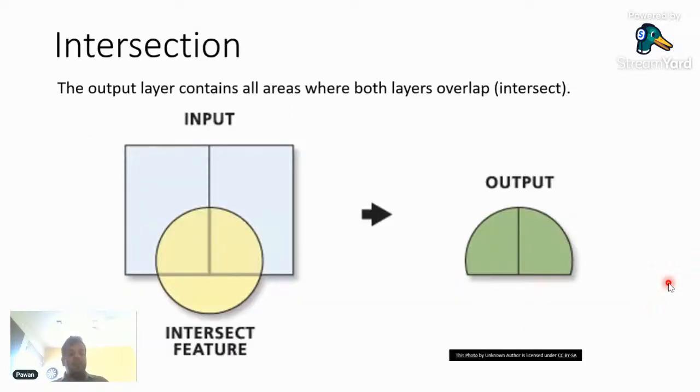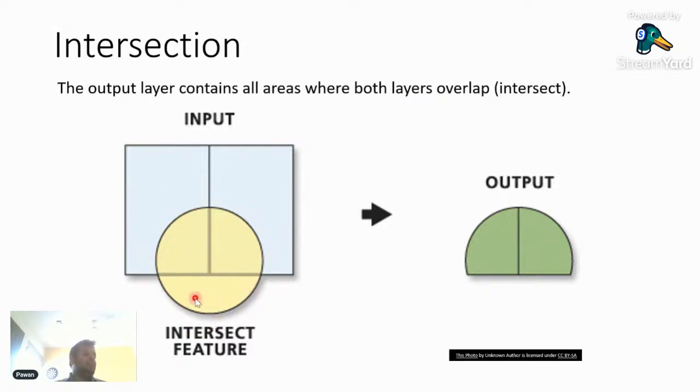Intersection. So the output layer, okay, let's just go first by the words of it, and then I'll give you the geometric explanation. The output layer contains all the areas where both layers overlap and intersect. So let's see an example here. This is a rectangle, right? And this is one input. This is a circle.